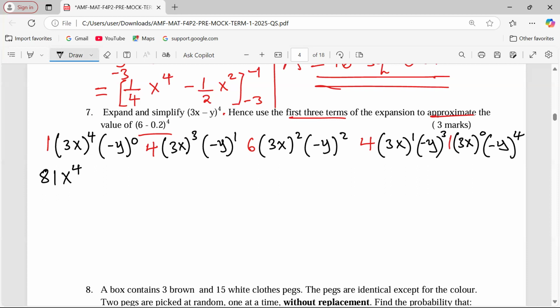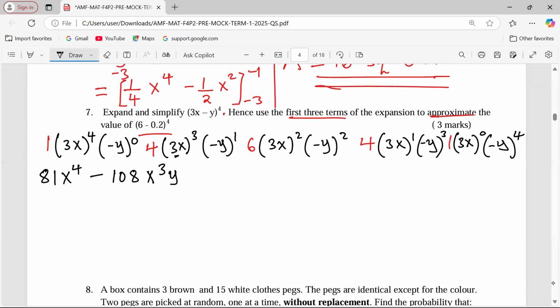The term which follows will begin with a minus, because negative y raised to power 1 remains the way it is. Now, 3^3 is 27, but this has to be multiplied by 4. So 27 by 4 will give us 108x^3 y.